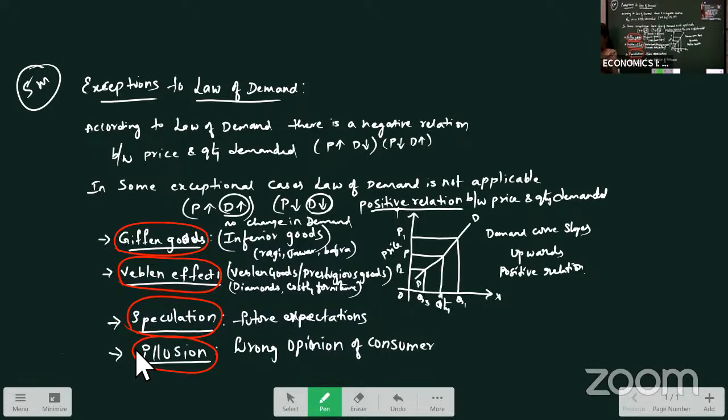Hope you all understood this one. As we have discussed earlier, there are 3 types of demand: price demand, income demand, cross demand. In price demand, we have studied the law of demand, why the demand curve slopes downwards, and the exceptional cases for the law of demand. Now let us do income demand.